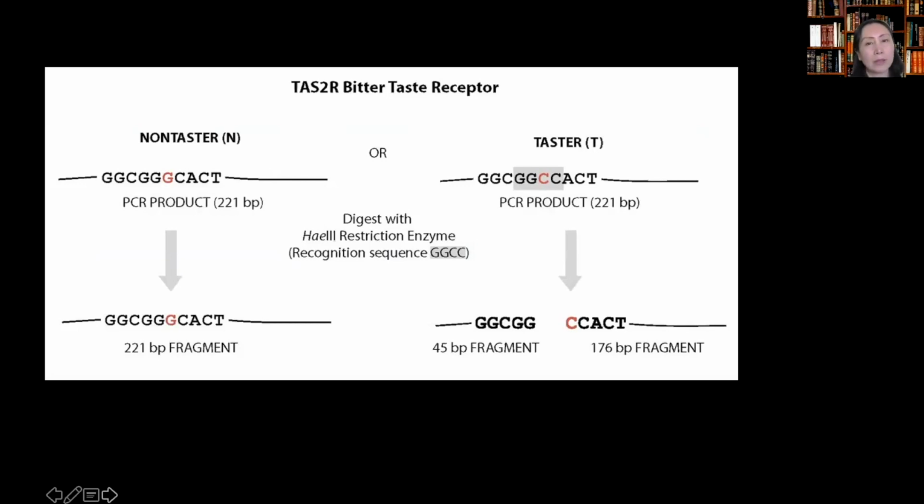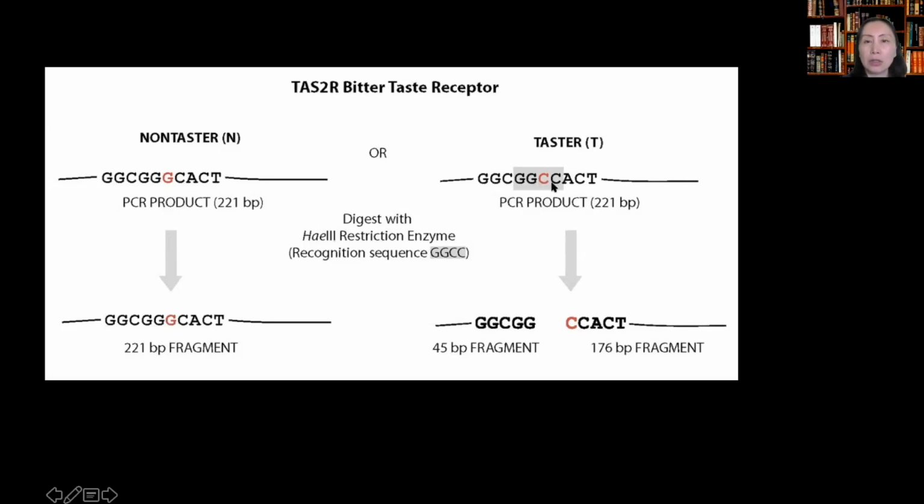That will help us to solve the problem of how to distinguish non-taster and taster genes. Because you see here, the non-taster gene has GGGC in the sequence, while the taster gene has GGCC.